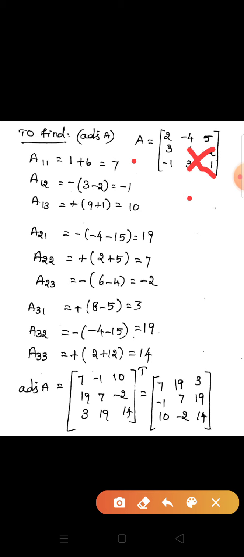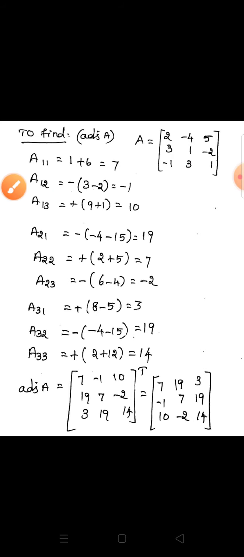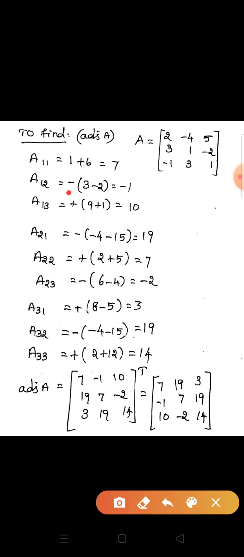And we find the cofactor of -4, this is called A12. Cross multiplying 3 into 1, that is 3, minus 1 into -2, that is minus 2. Already we have one minus, so the answer is -1. Proceeding like this, we get adjoint A. Adjoint A is equal to 7, -1, 10; 19, 7, -2; 3, 19, 14.